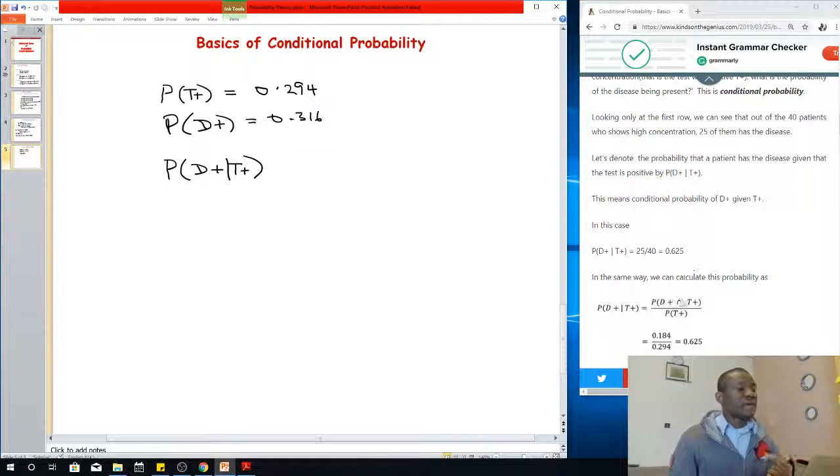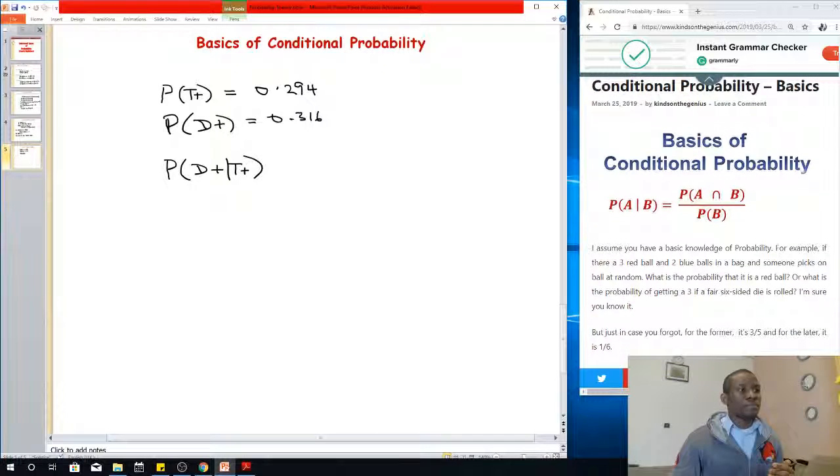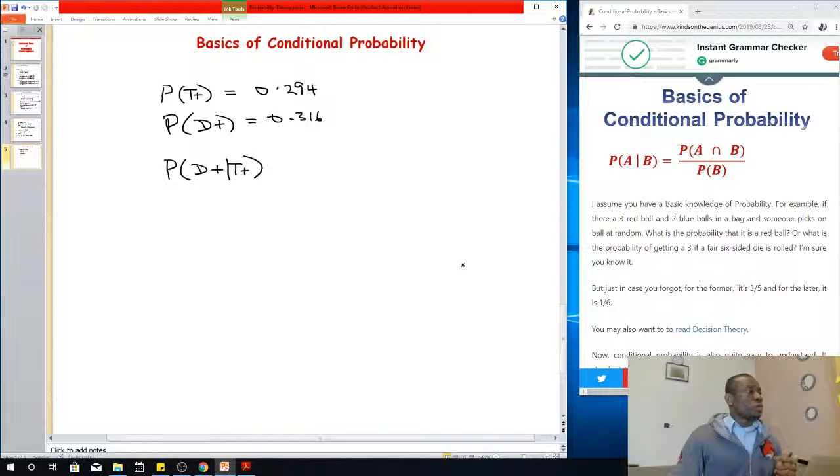This time, how do we now find probability of D plus given T plus? That is where we now use the formula that I wrote in the beginning of this page. So we have this formula here, and I'm going to write it out, and then we are going to try to understand it and see how we can apply it.